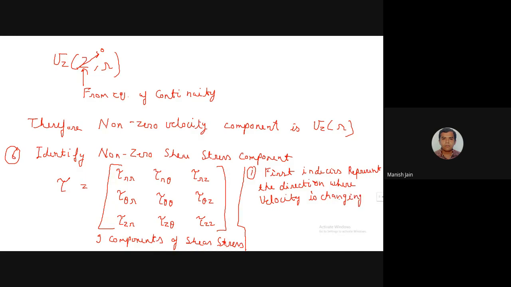So here velocity is changing in the r direction. Second point you have to remember, the second index represents the direction of velocity.